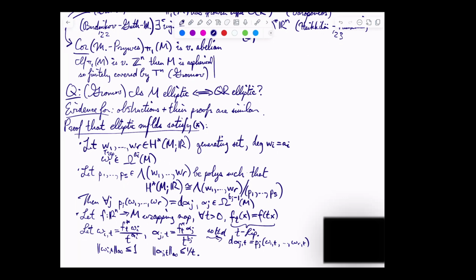Sorry, what do you mean by operator norm? I just mean if you plug in an orthonormal frame, this is the largest it can get. This is times some constant.